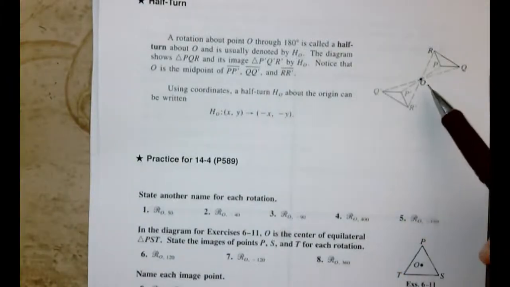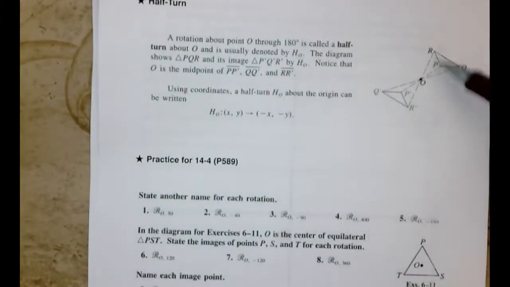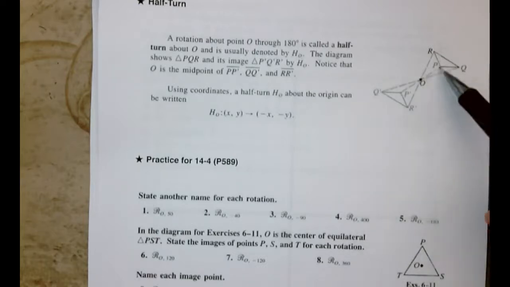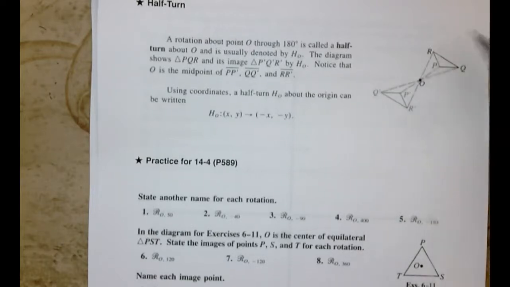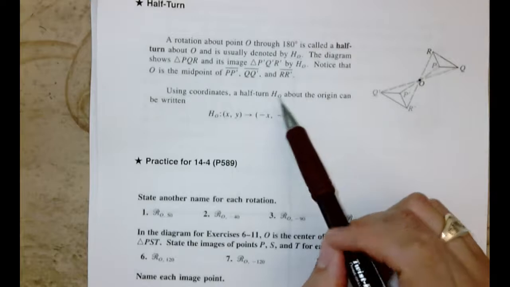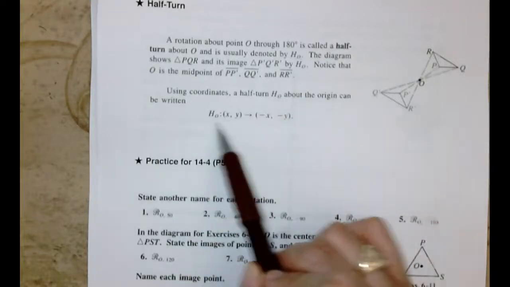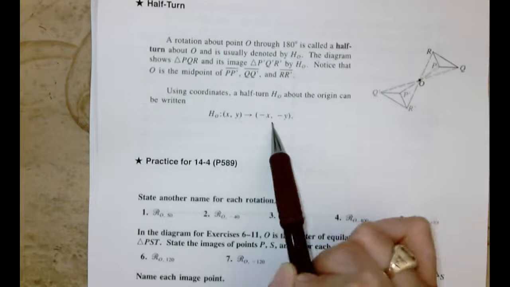Note that O is the midpoint of each segment joining a point to its image, so this and this are the same length, this and this are the same length, and this and this are the same length. Using coordinates, a half turn about the origin can be written as x and y become minus x and minus y.